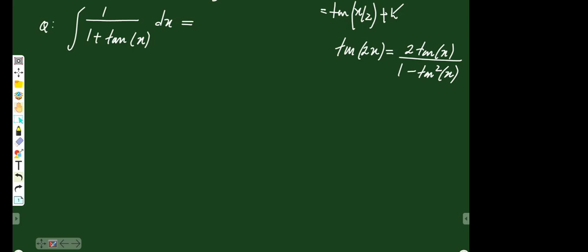So we have tan x here. So tan x is equal to 2 tan x divided by 2 over 1 minus tan squared x divided by 2. See whether we can do it.